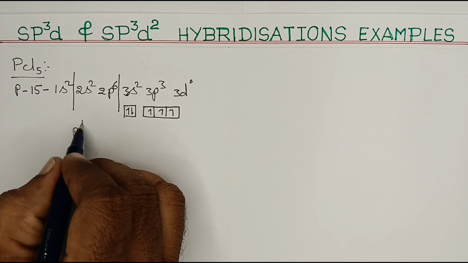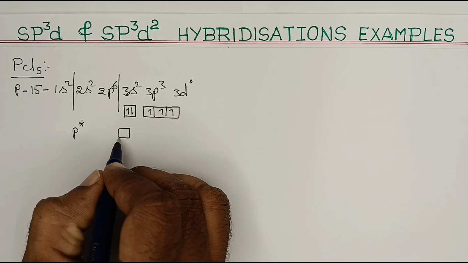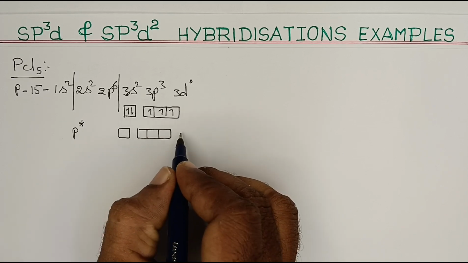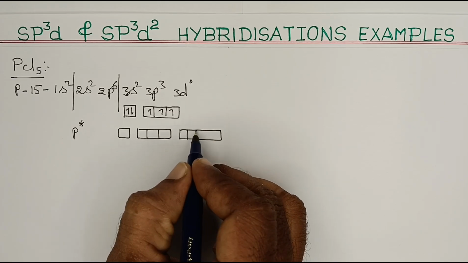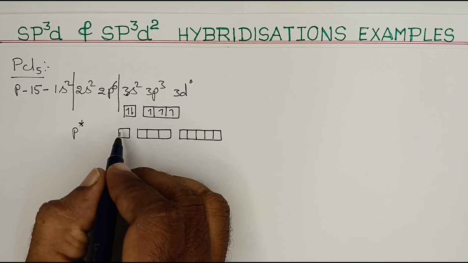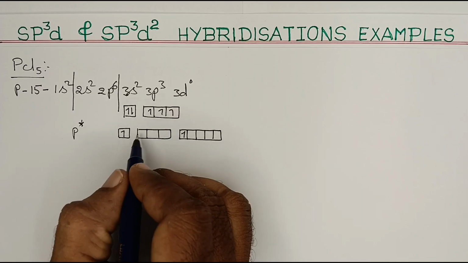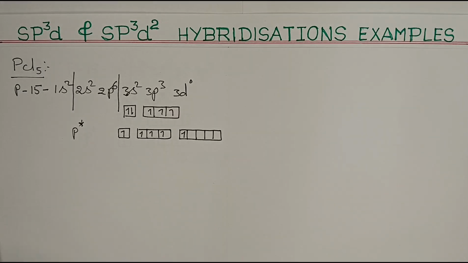So on excitation, phosphorus, from s level to d level, here the empty d orbital is there. From here to here, the s electron jumps and there are 3 p unpaired electrons.